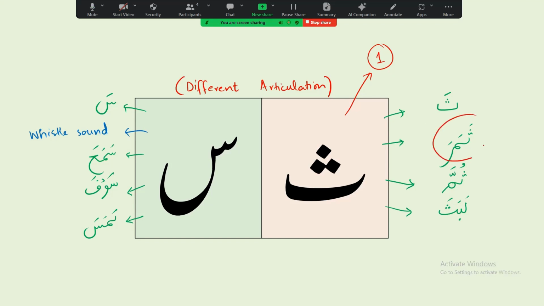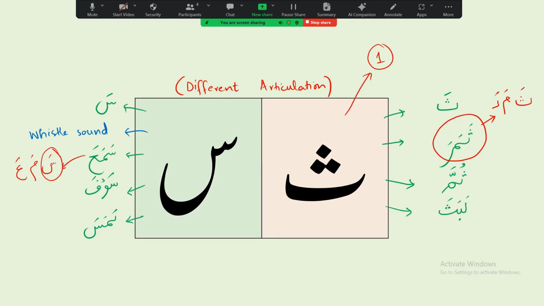The first word here is thamara. We have a tha here, ma and ra in this word. Thamara. Let's take the example here of seen now, which is sa, ma, a, sa. Sa with whistle in it.